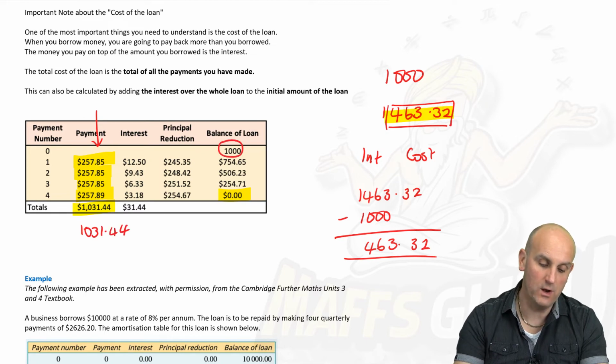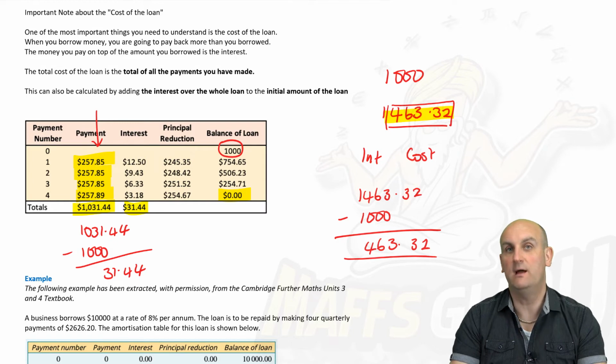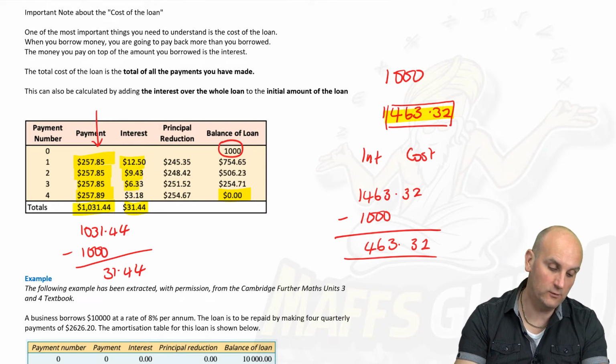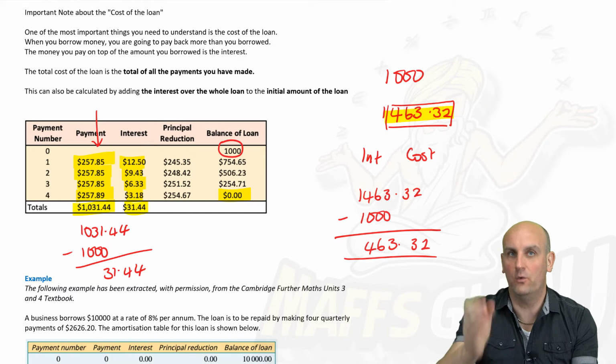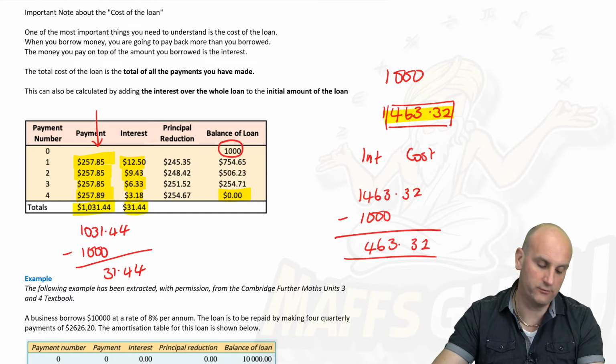How much did I borrow? $1,000. That leaves me $31.44, which just so happens to be how much interest I was charged as well. And how do we get that value? By adding all these columns up. The great thing about amortization tables is they're not particularly challenging if you understand how all of the columns are created. The cost of the loan one is the one that throws a lot of people.